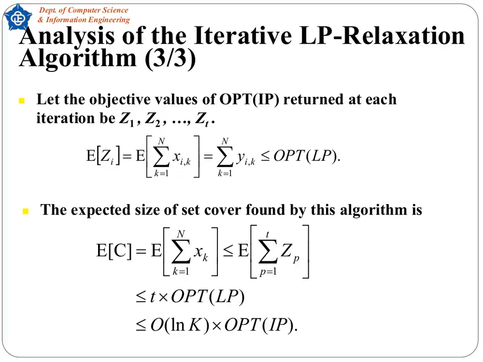Finally, by choosing the number of rounds t equals O(log k), we drive the expected cover size down to O(log k) times opt_LP, and since opt_LP is less than or equal to opt_IP, this gives us an O(log k) approximation guarantee for the algorithm.